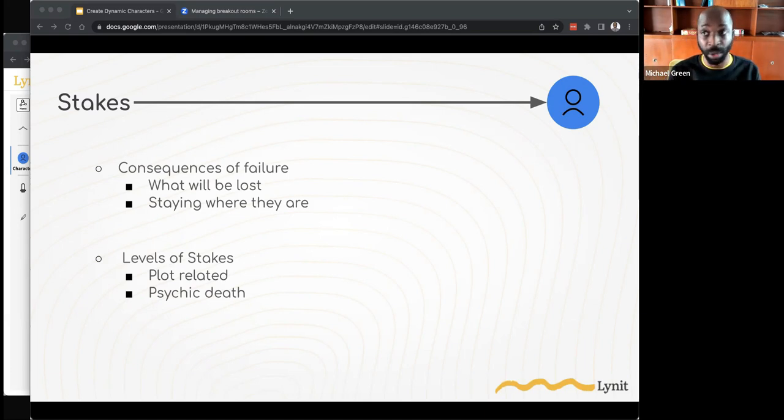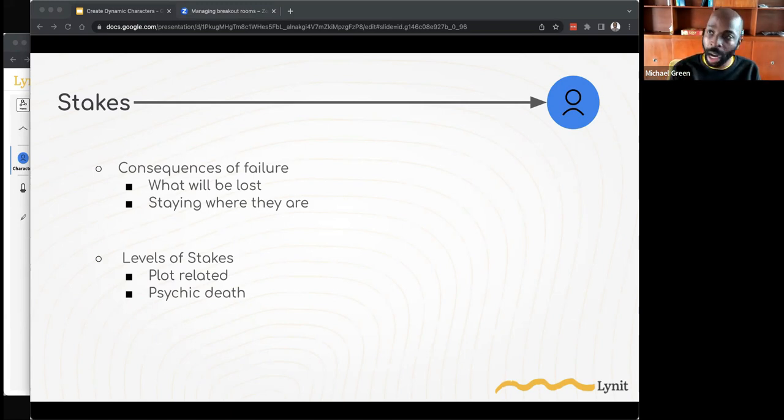And you can always have both, right? You can have multiple layers. And the more you can have different types of stakes that pile up over time, throughout a character's arc or even just the story, the better. They can start with a small level, a stake that's clear.